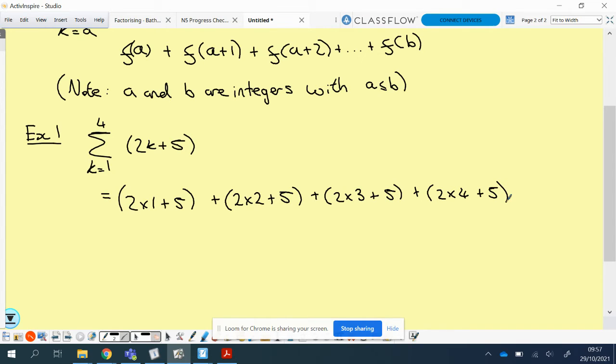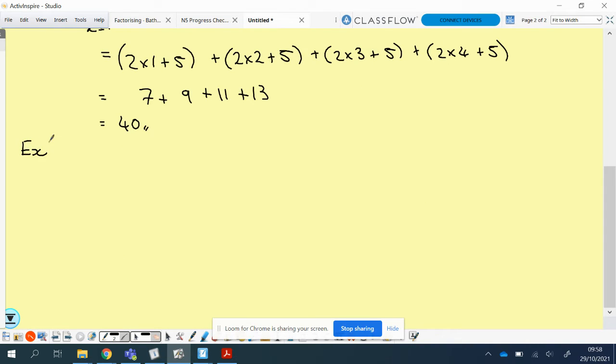And I can stop now because I've gone all the way up to 4, which was my b value. That would give us the number 7 plus 9 plus 11 plus 13, which would give us an answer of 40. So the sum from k equals 1 up to 4 of that function gives us the answer 40.